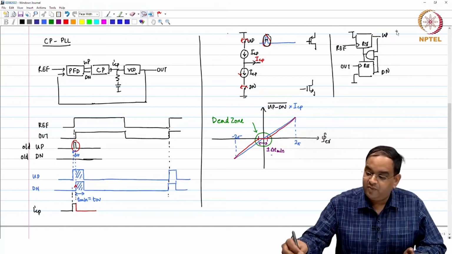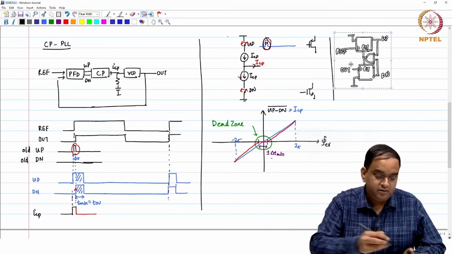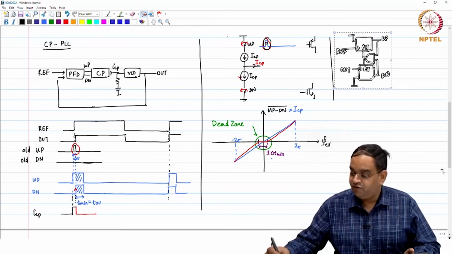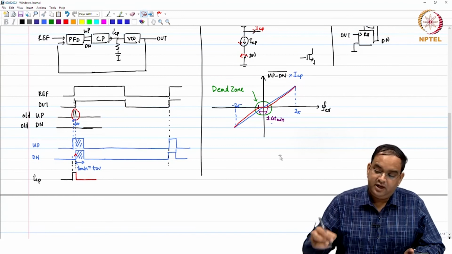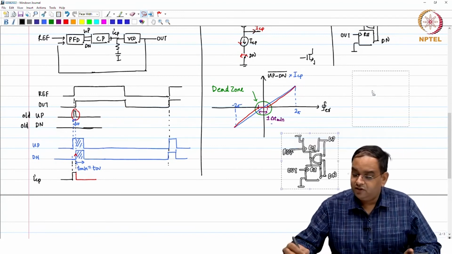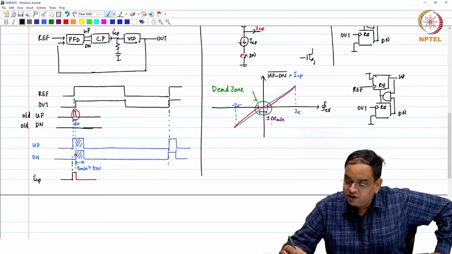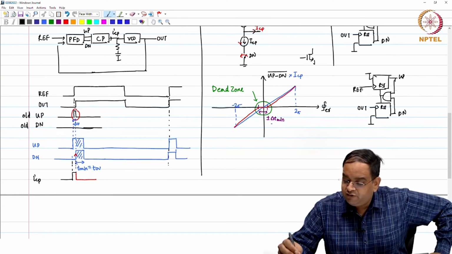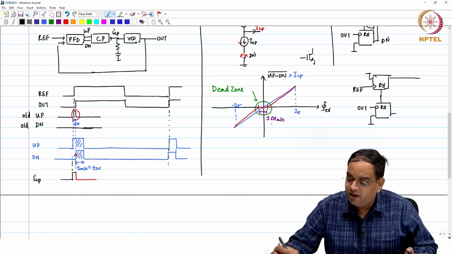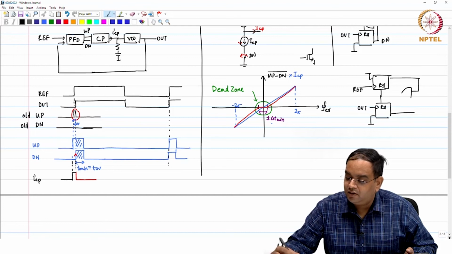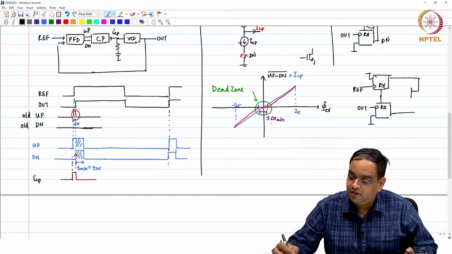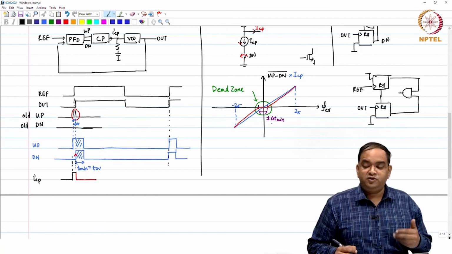So, if you look back at the circuit which we have been using for the PFD, a pulse goes high and then I have to wait for some time. So, what you can do is the following. My up pulse goes high, and the down pulse goes high. So, the AND output becomes high, which is going to reset.